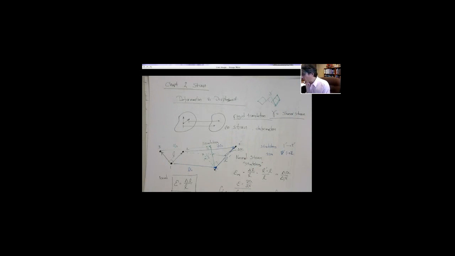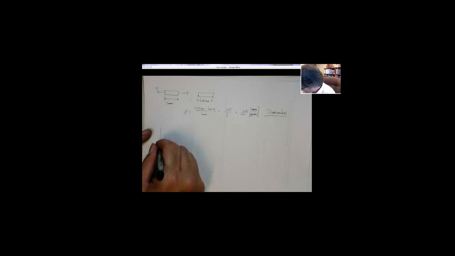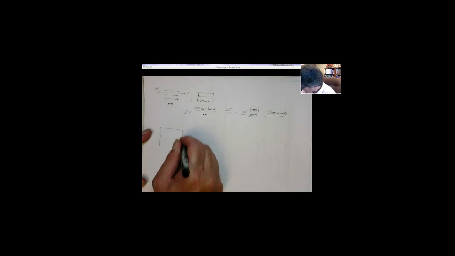All right. So if I draw it a little better, the shearing process, let's say we initially have a block that looks like this, and a shear type of deformation is one that might look like this.